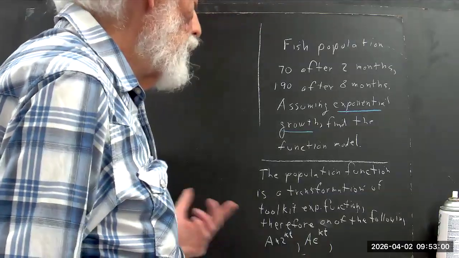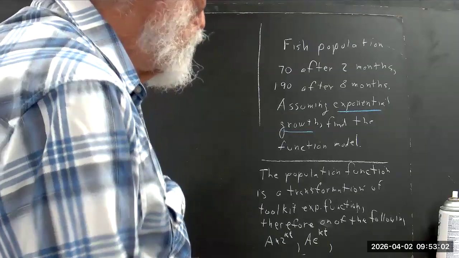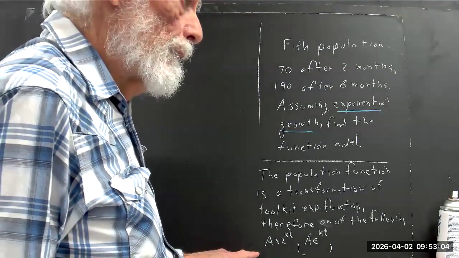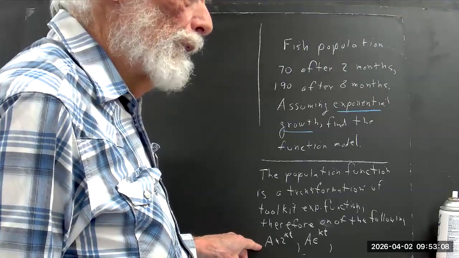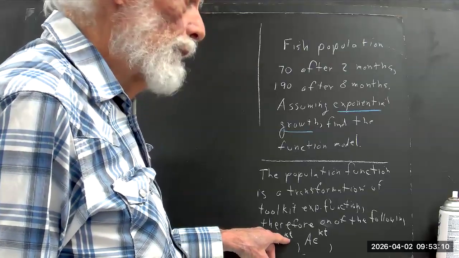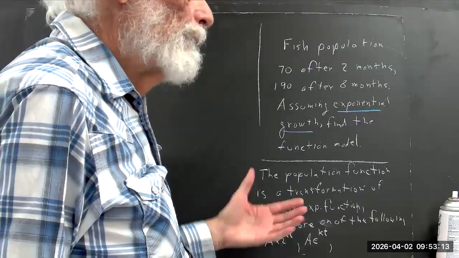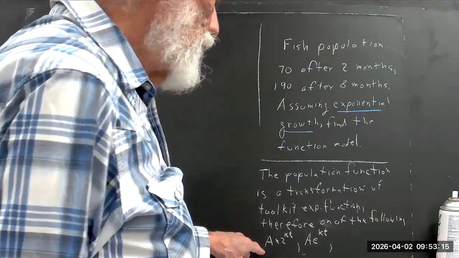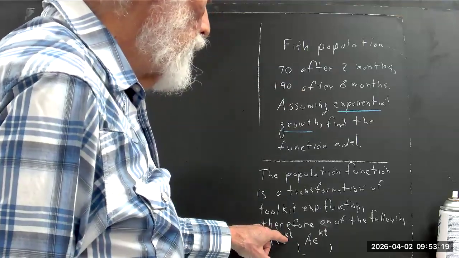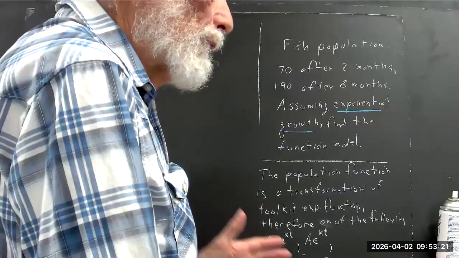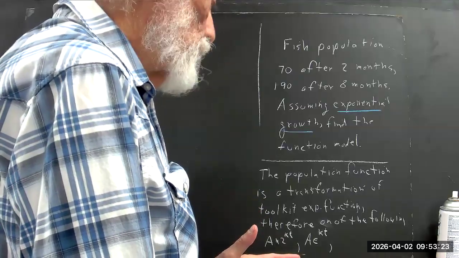Now, in both cases, the transformation consists of a vertical stretch and a horizontal compression by factor k. Vertical stretch by factor a, horizontal compression by factor k, with the caveat that if a is less than 1, that vertical stretch is actually compression. If k is less than 1, that horizontal compression is really a horizontal stretch.